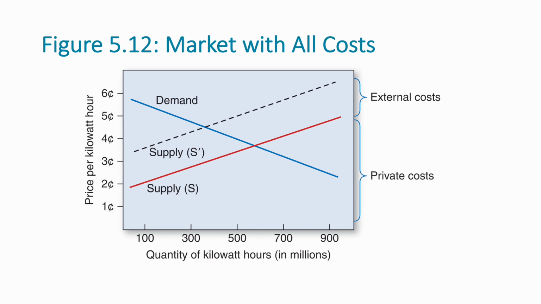And so what this basically argues is that electricity is underpriced and overproduced. So we are charging less than we should, and we are producing more than we should.